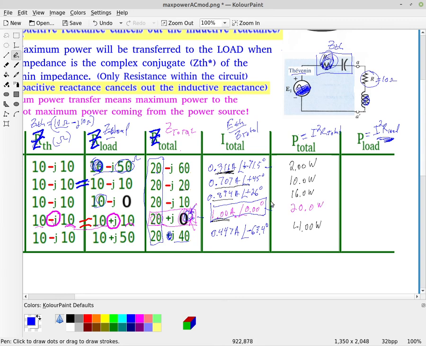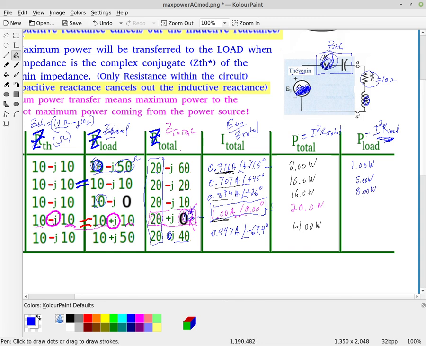And so we take this current, square it, times 10 ohms. And so that gives us 1 watt for the first case. For the second case, we're going to have 5 watts. For the next case, we're going to have 8 watts.